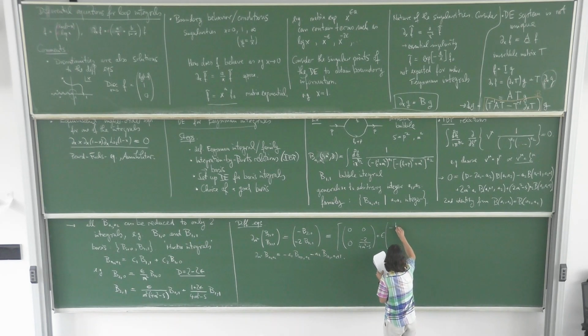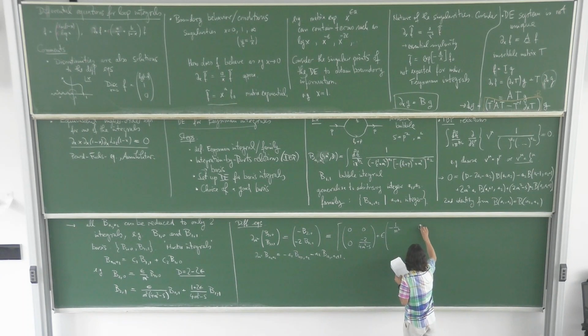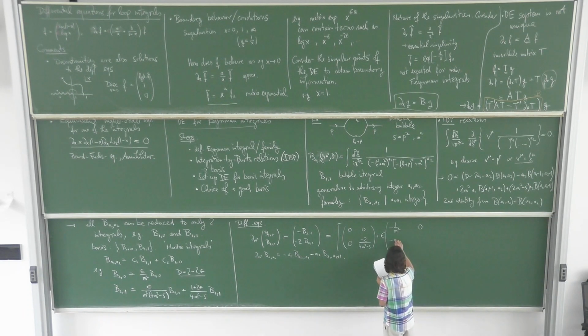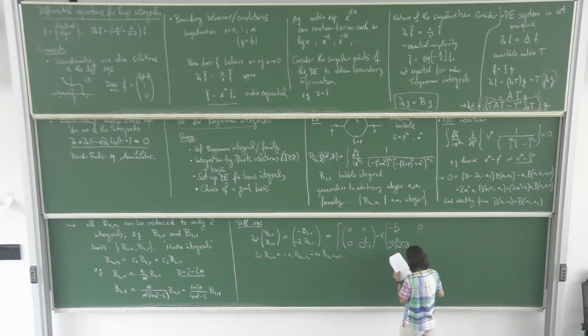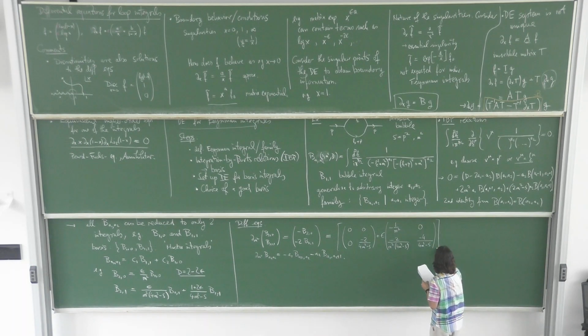This is not yet so meaningful how I'm organizing them, but it's just a neat way of writing down the equations. 0, minus 2 divided by m squared (4m squared minus s), and then there's a minus 4 over (4m squared minus s). And let's close the bracket. And here we have again our initial basis, E1,0, E1,1.